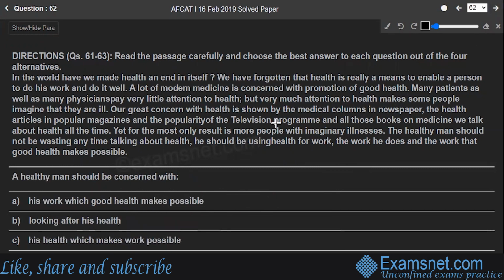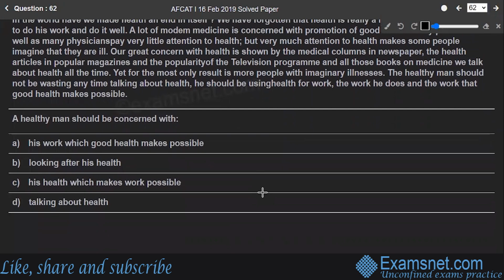Next is question number 62. Same paragraph will be there, and the question is, a healthy man should be concerned with his work, which good health makes possible, or looking after his health, or his health, which makes work possible, or talking about health.